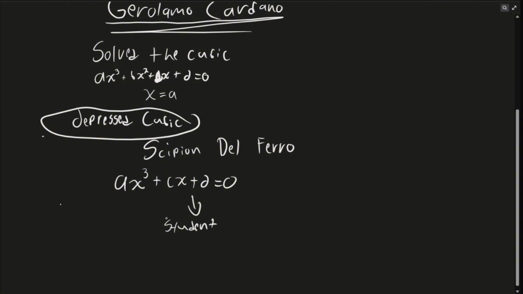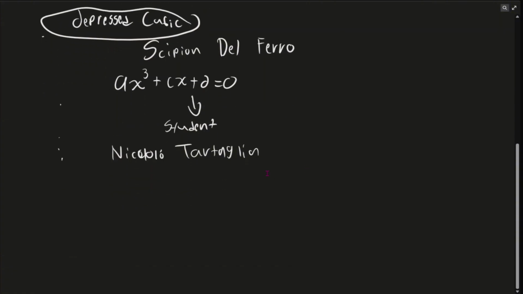who then challenged a man named Niccolo Tartaglia, who then discovered the same way to solve the depressed cubic as him.